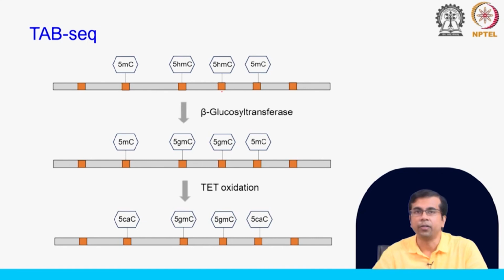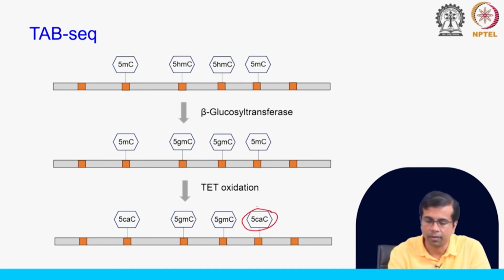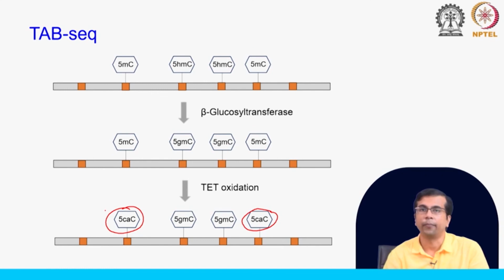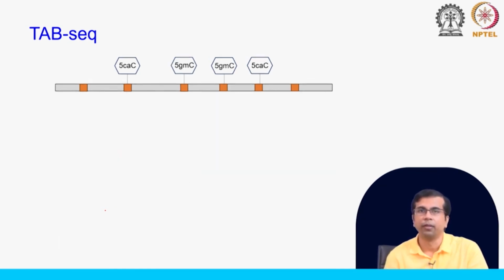It converts these 5-MC groups to 5-CaC. You can see these 5-CaC groups here; they have been converted from 5-MC. This GMC protection is important, otherwise these HMC groups will also be converted to CaC. So GMC protects from TET oxidation.